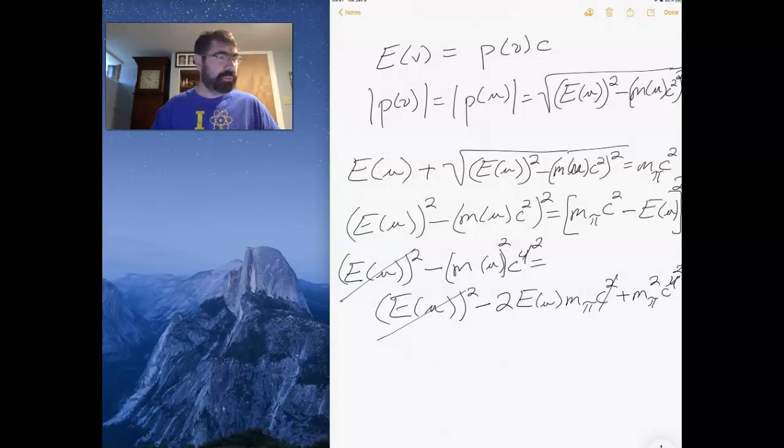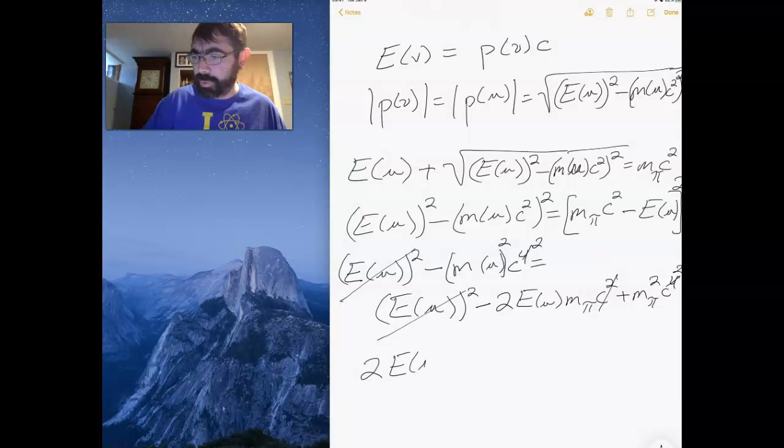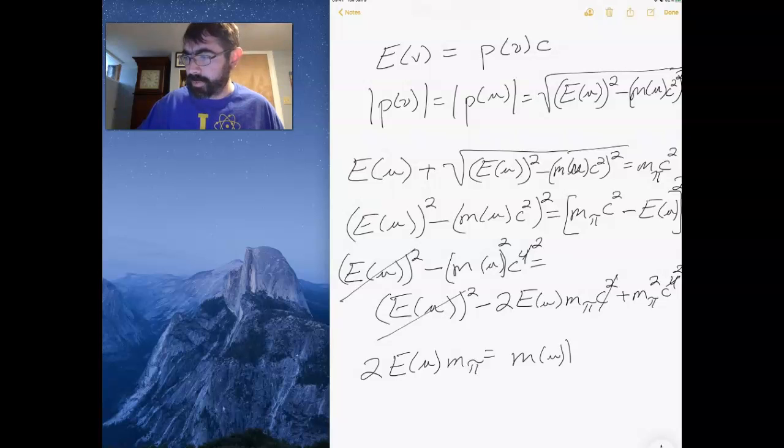and so if I now want to solve for the energy, I have 2 times the energy of the muon times the mass of the pion is equal to the mass of the muon squared plus the mass of the pion squared, all of that times c squared.